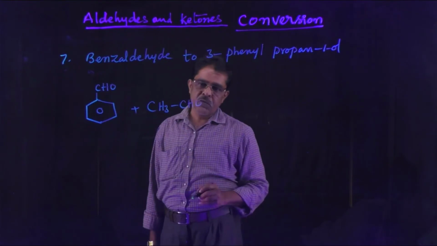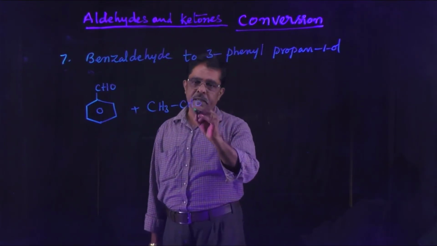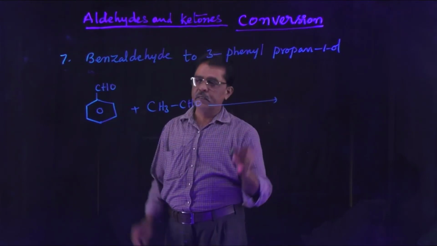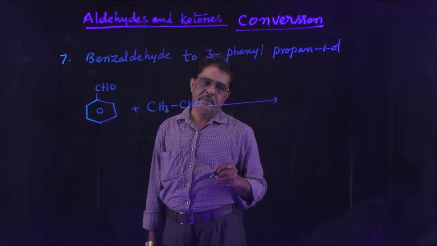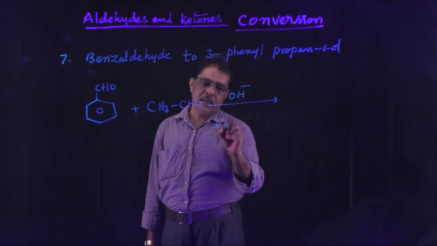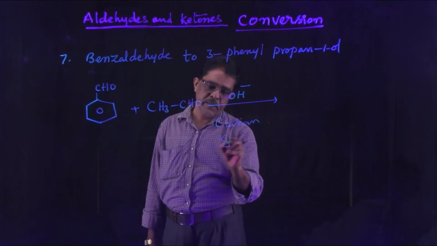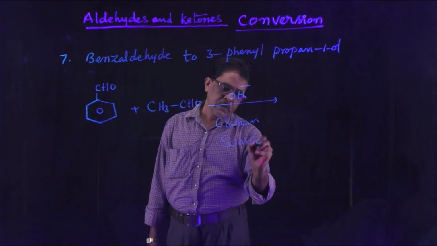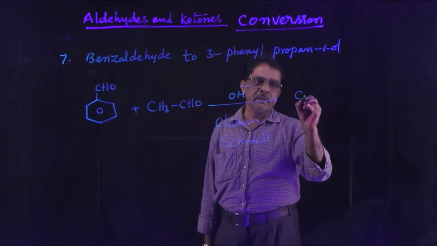Acetaldehyde has alpha hydrogen atoms. An aldehyde with alpha hydrogen atoms reacts with an aldehyde with no alpha hydrogen atoms in the presence of base. This is the Claisen-Schmidt reaction. Then what will happen here?